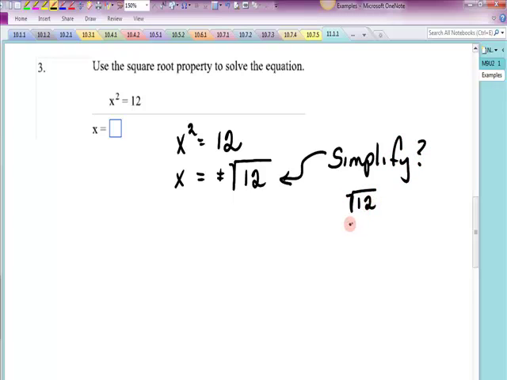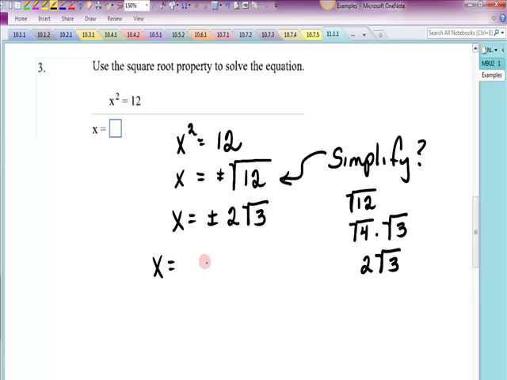The square root of 12 is the square root of 4 times the square root of 3, which is 2 times the square root of 3. So x is equal to plus or minus 2 times the square root of 3. In math lab, you have 2 times the square root of 3, comma, negative 2 square root of 3.